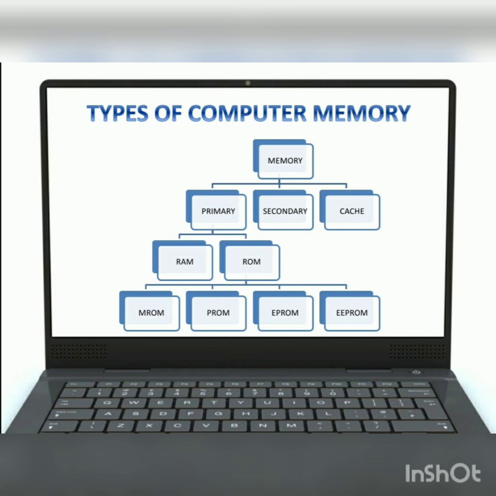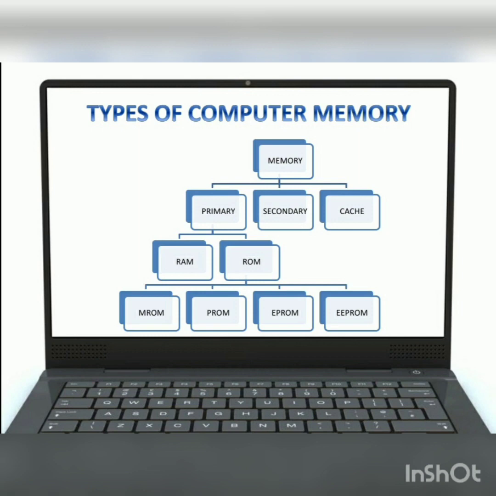First is primary, second is secondary, and the last one is cache memory. Further, primary memory is divided into 2 categories. First is RAM, that is random access memory, and the second one is ROM, that is read only memory.